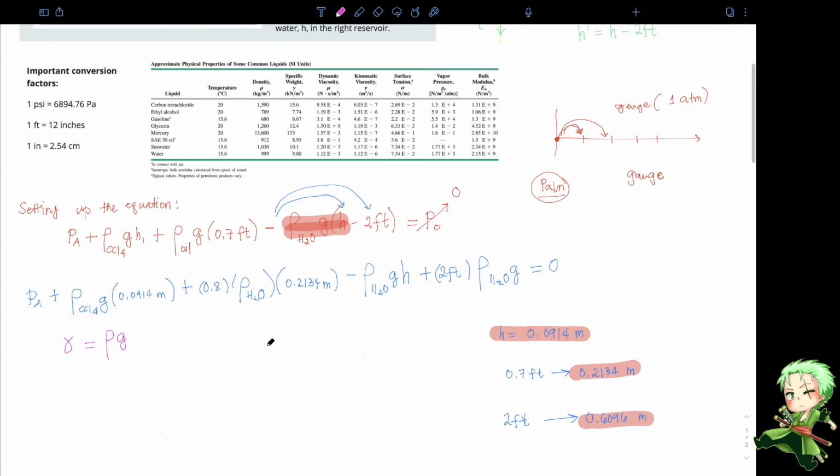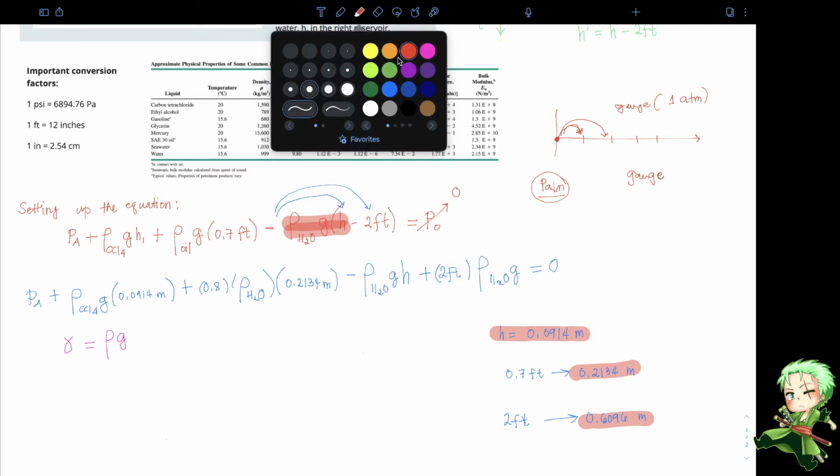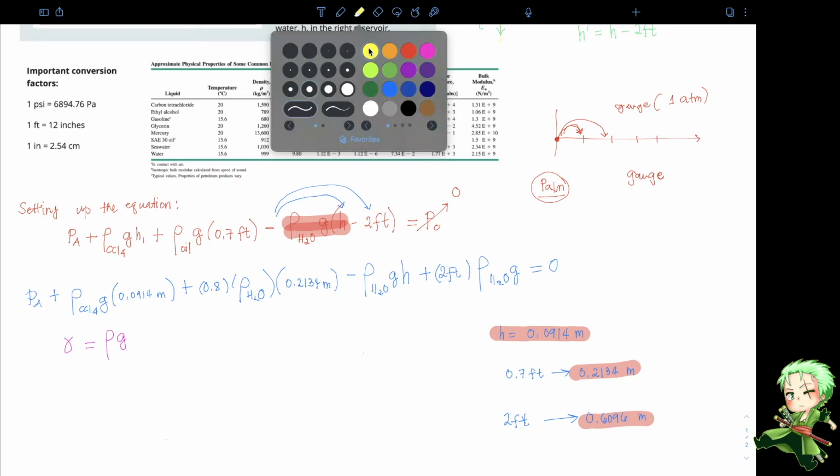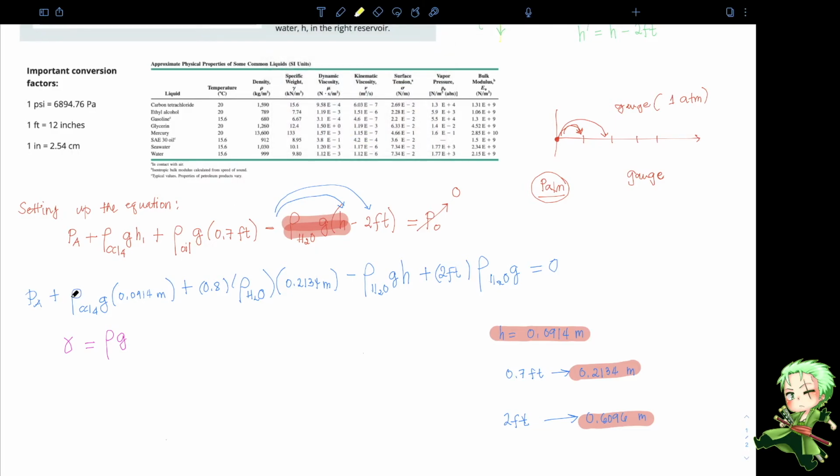This is an important thing to recall because you notice in your problem that the density is actually multiplied by the acceleration due to gravity repeatedly. For example, in this case, oh, we forgot g. We forgot g here.